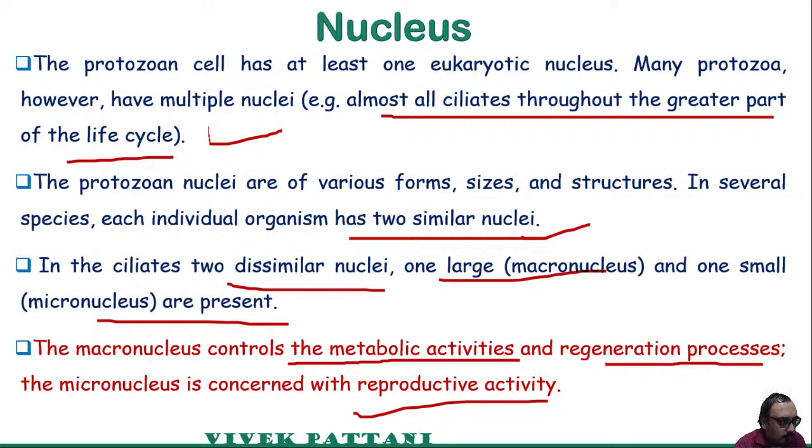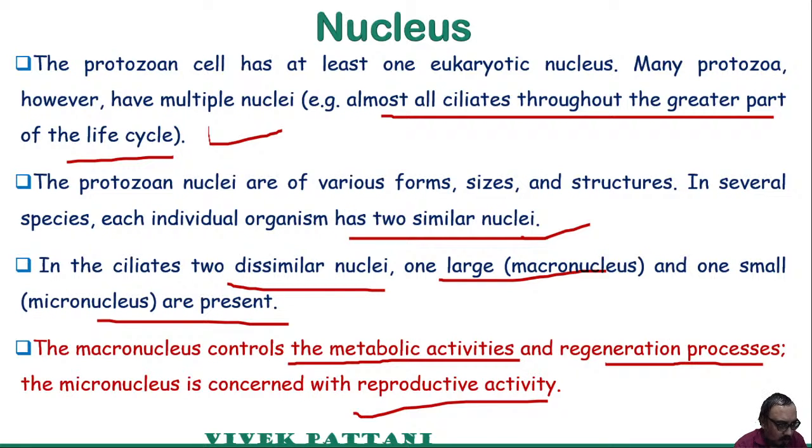The form, structure, and size of the protozoan nucleus are extremely variable and depend purely on the type of protozoa, as most protozoa contain a single nucleus, though some may have more than one.